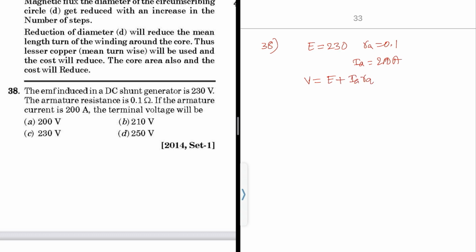Sorry, this is the case for a motor, but here it is given for a generator, right? So for a generator, E equals V plus IaRa. They ask for the voltage V, so V equals E minus IaRa, which is 230 minus 200 into 0.1, which equals 210 volts. So the answer will be B.